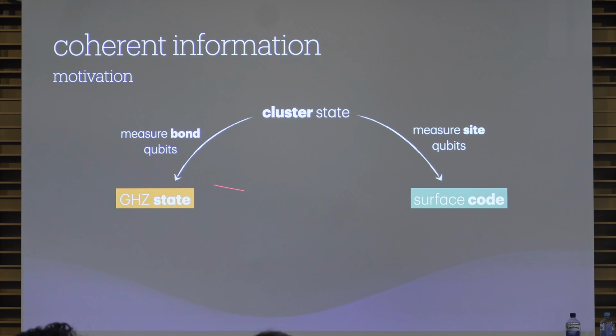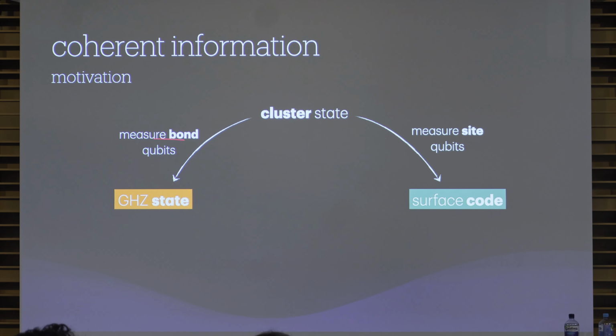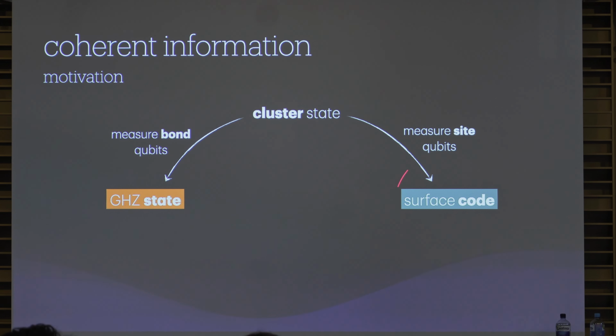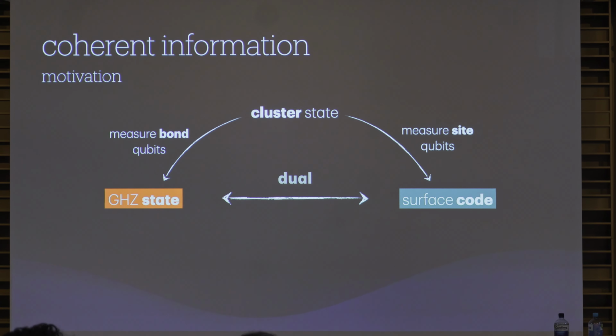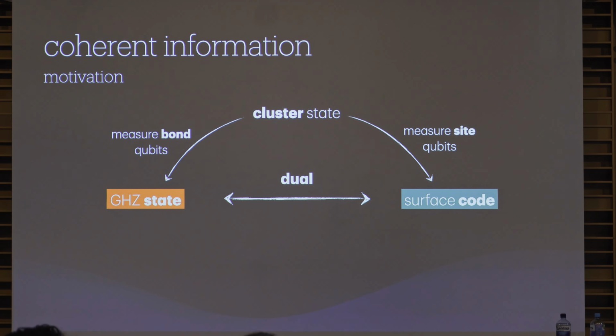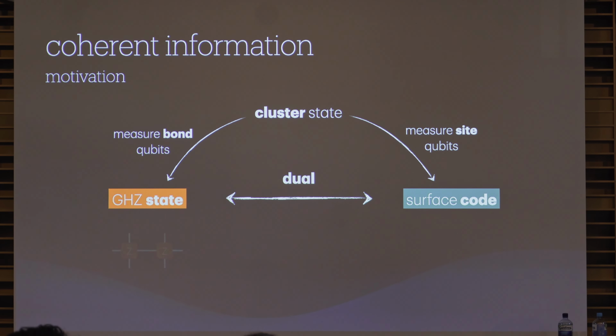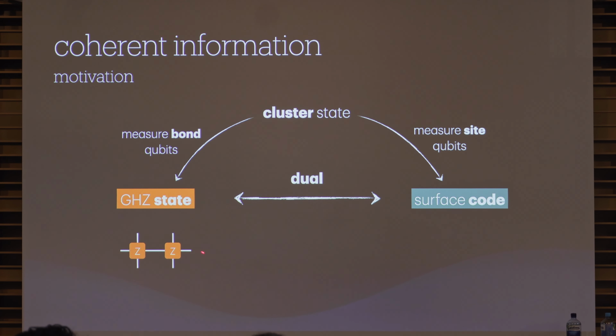So in a sense, these two things, the protocol to create our GHZ state and the surface code, are dual to each other. And their duality is of such nature that essentially acting Z operators on two neighboring sites in our circuit picture is dual to acting a Z operator on a bond in the surface code picture.